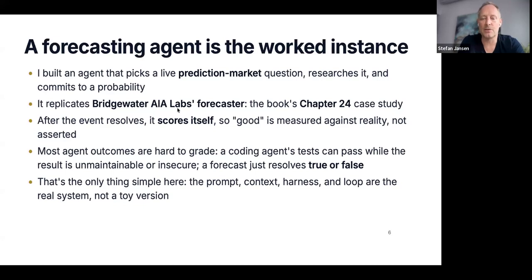Even if you take a coding agent and the agent produces a piece of software that maybe meets all the tests, you still may want to think about whether the output is in fact maintainable, whether there's downstream cost associated with excessive complexity, or if there are any other, say, security risks associated with the output. So often it's difficult to assess clearly whether the output is good or bad, when the dimensions are manifold and the criteria are soft.